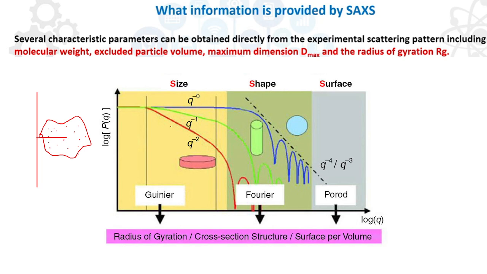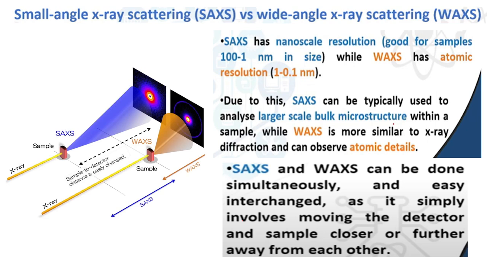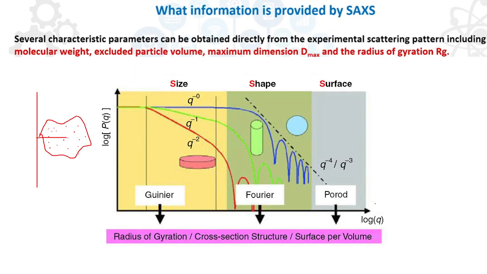Now, the Q is the vector of the radius of gyration. So from here you will get a better idea. This is Q. Now, for the shape and size, you see the order is different.